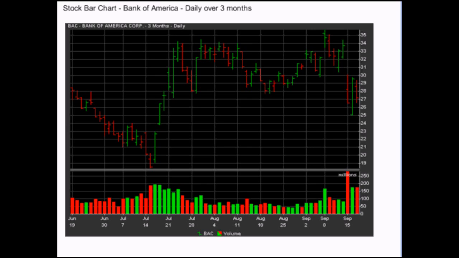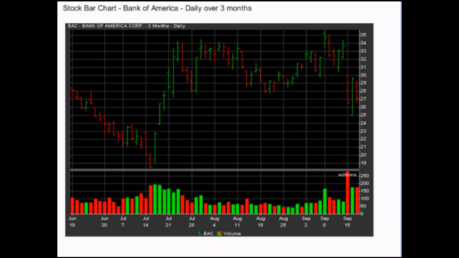This is an actual Bank of America stock bar chart. I think this was 2011, going from June to September. And you can see what was happening. Some bad stuff was going on. Oh, the red and the green, it's just the way you come in on the open and go out on the close.